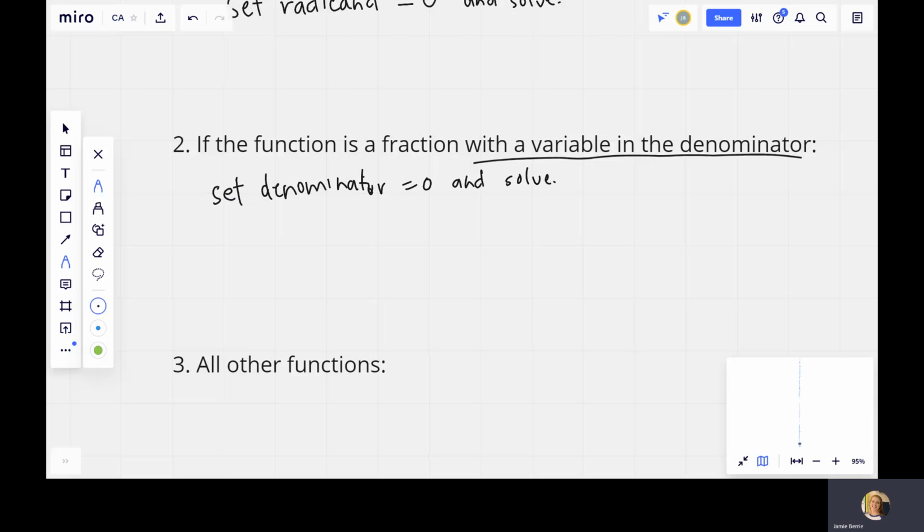And then one extra piece here, this tells you what to exclude from your domain. Those are going to tell you the spots where the fraction is undefined.